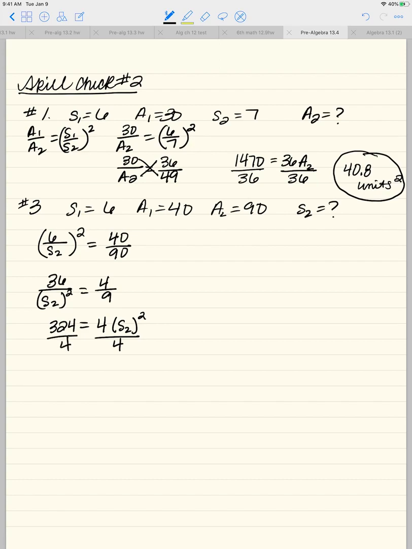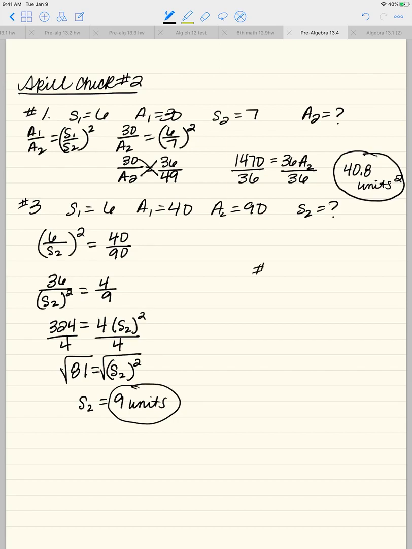Divide both sides by 4. 81 is equal to side 2 squared. Take the square root of both sides, and side 2 is equal to 9. We are not given units, so it's 9 units. We're talking about the length of a side, so it's just 9 units.